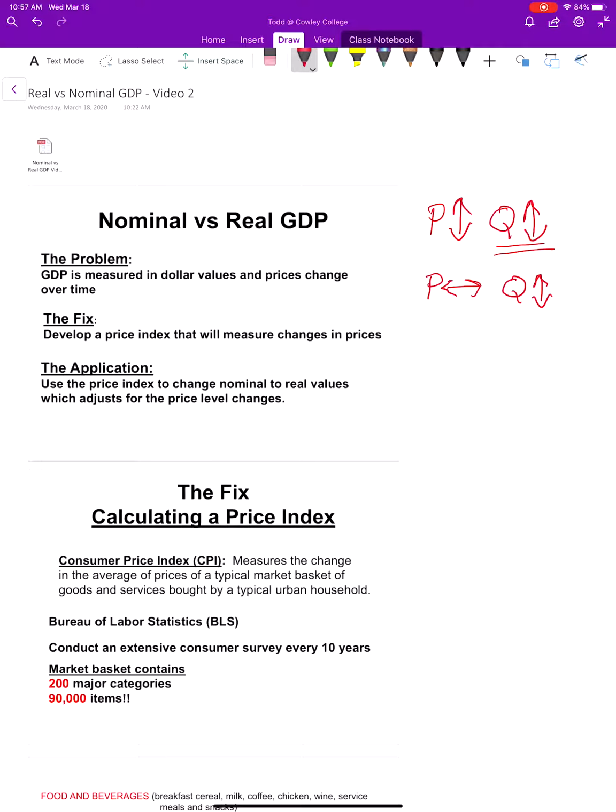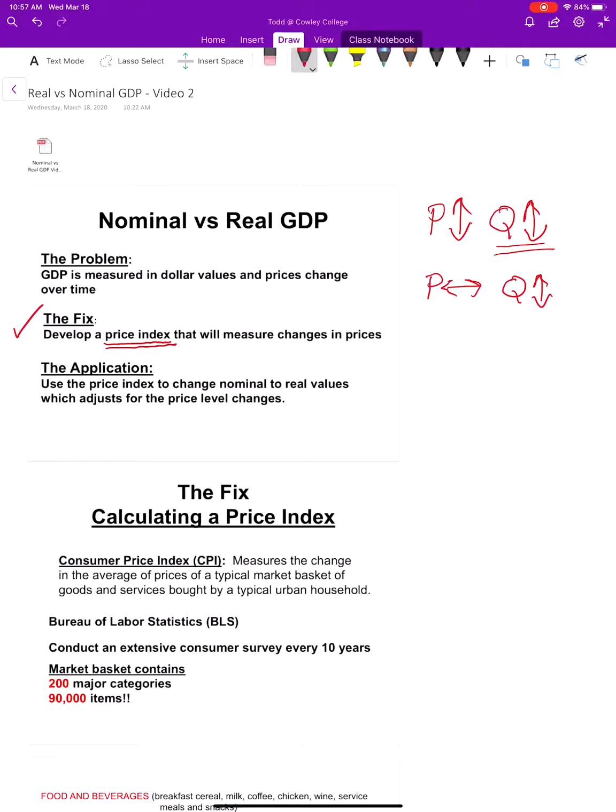So this time around, we're going to the second one down here, and we're going to develop the fix, which is to develop what we call a price index that will actually measure the changes in prices in the economy. Now, a price index of any kind measures how much average prices have changed over time.